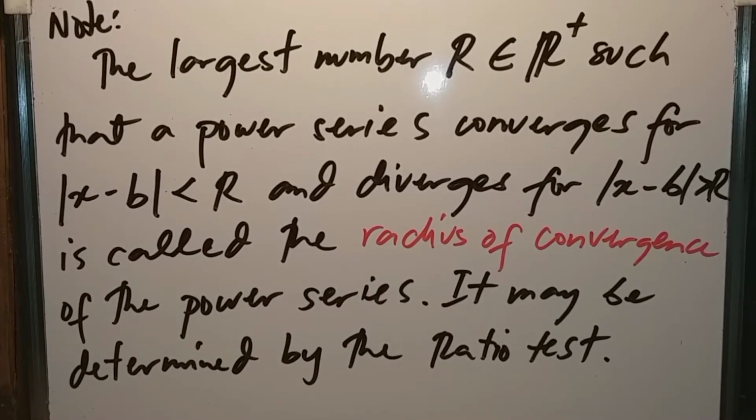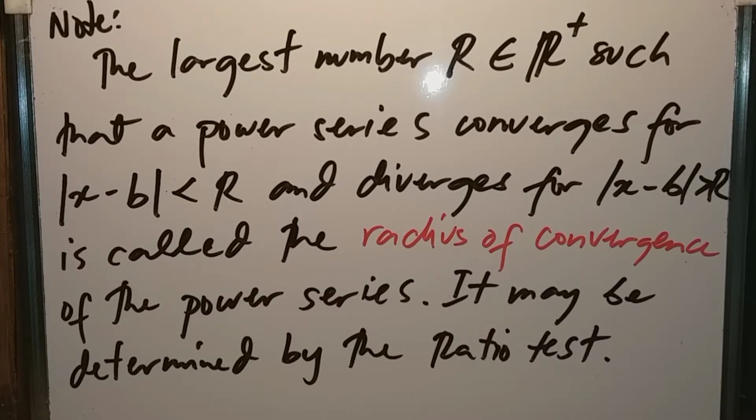So take note, the largest number R, which is an element of the positive real numbers, such that a power series converges for the absolute value of x minus b less than R, and diverges for the absolute value of x minus b greater than R, is called the radius of convergence of the power series.